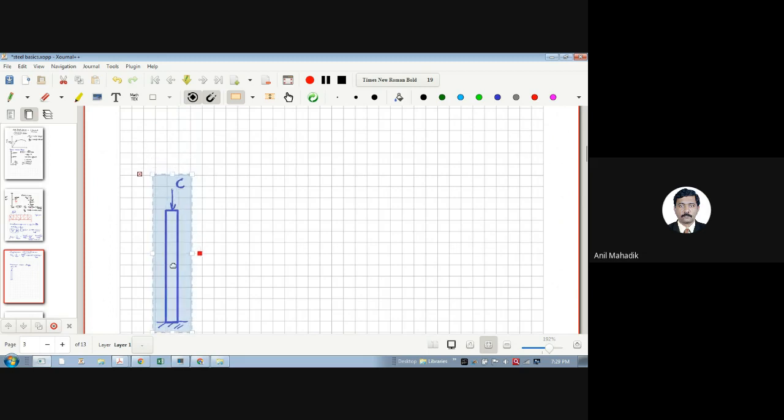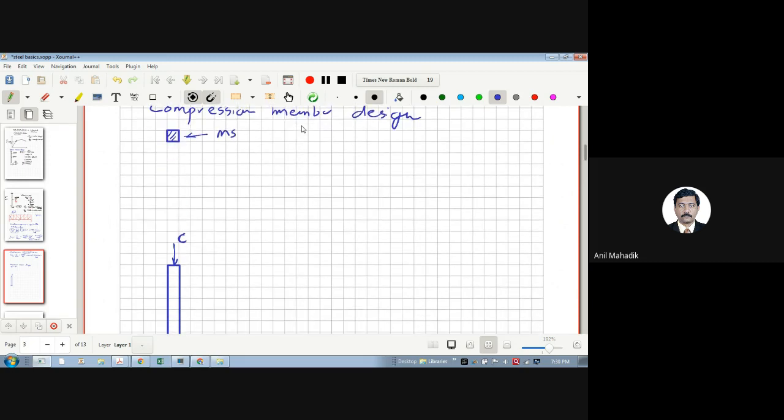Buckle means first of all there will be stress in this. Due to the compression there will be compressive stress, compression upon area. All of you know that this is having some area, so there will be axial compressive stress, which I am taking as AC, and this is nothing but C upon area. So compressive stress will be there in Newton per mm square. And what will be the permissible stress?